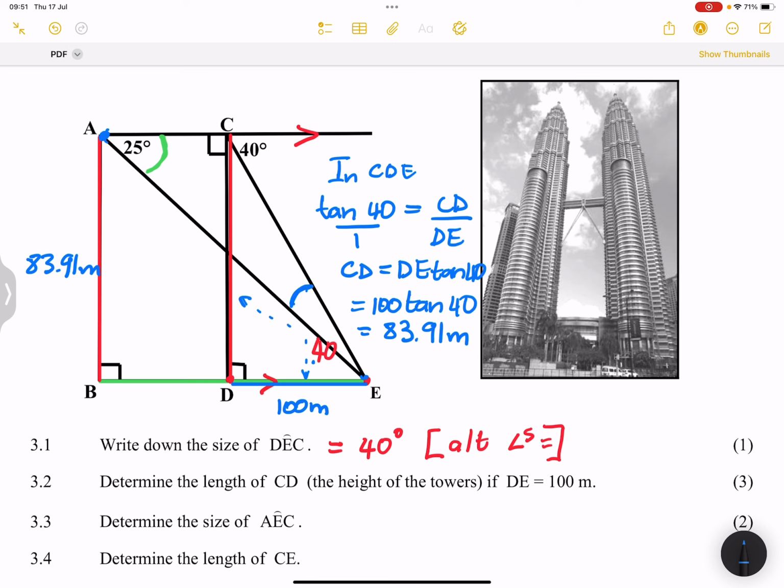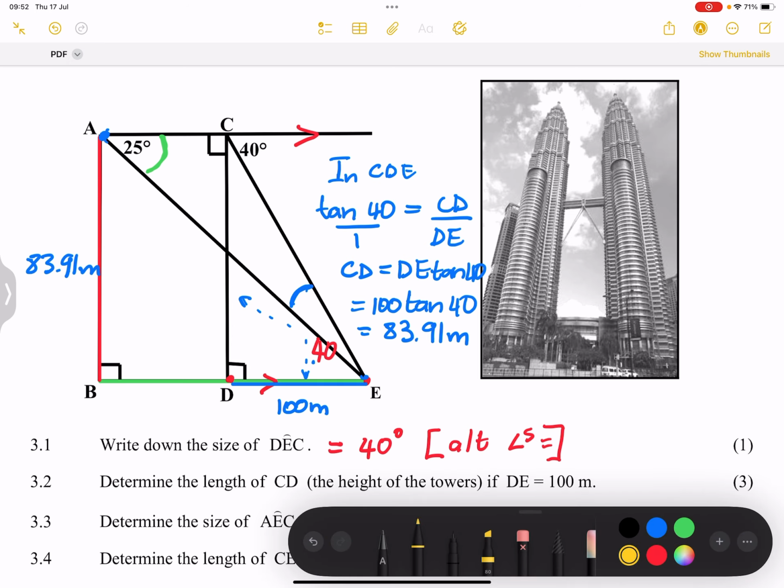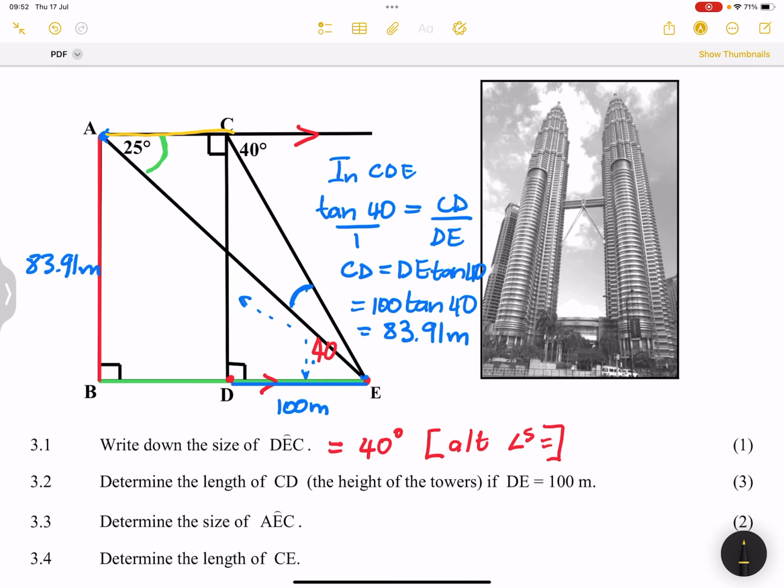Right, now how can I get that angle? If I look at the bigger triangle, or rather let me take this triangle here, triangle CAE, if you look at that triangle, then the 40 degrees becomes the exterior angle of that triangle, right?